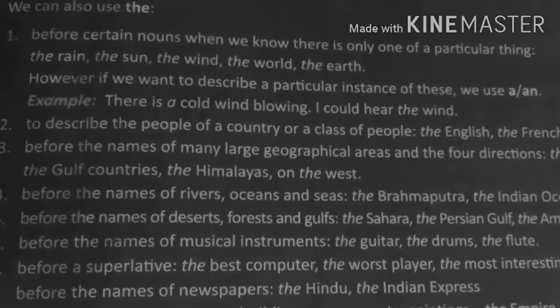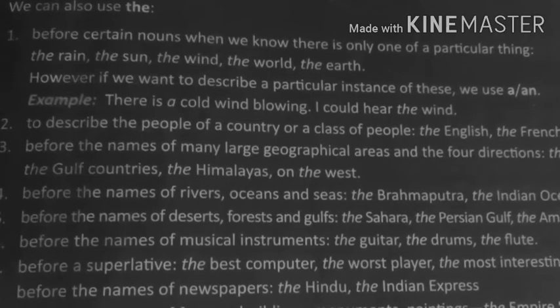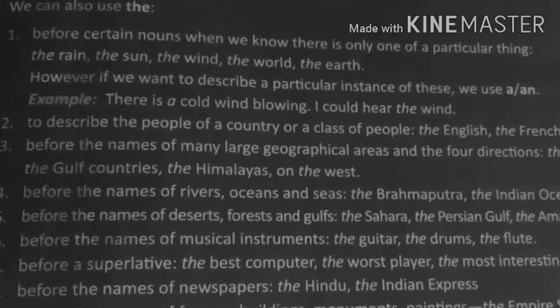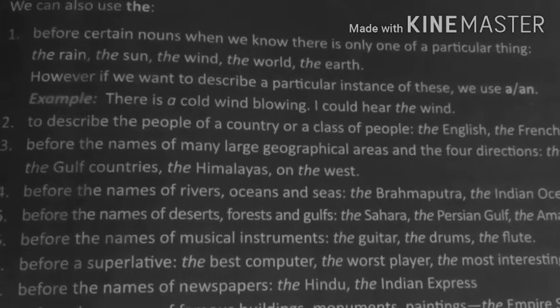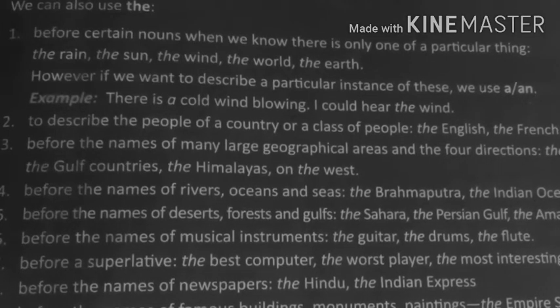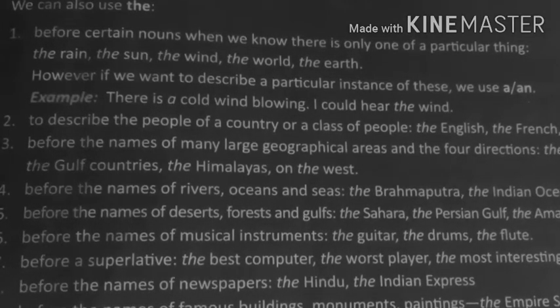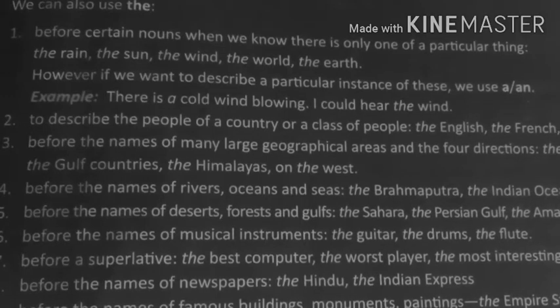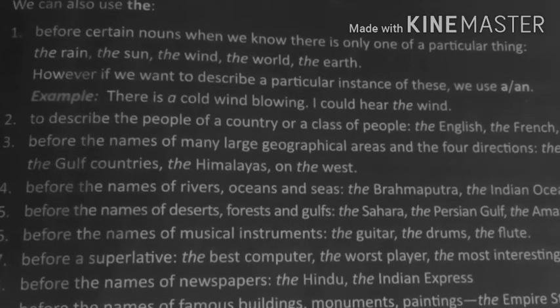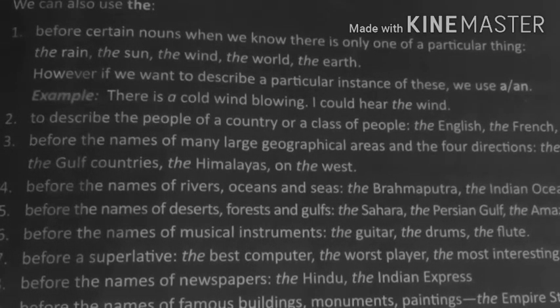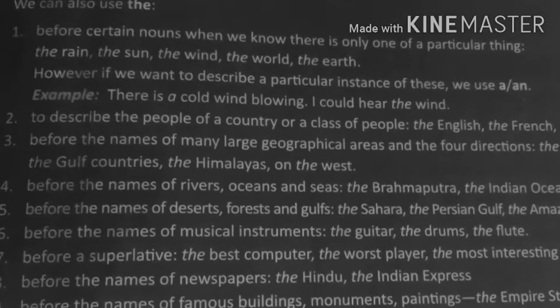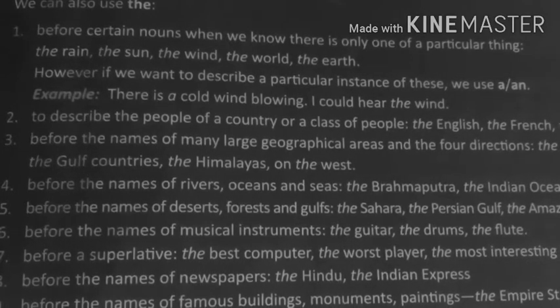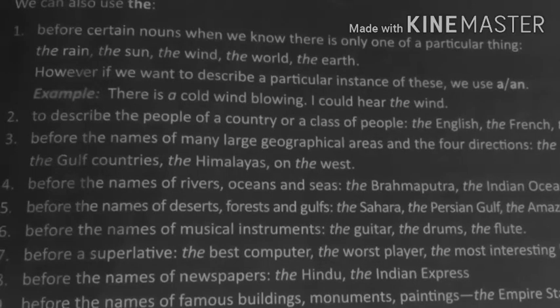Okay? However, if you want to describe a particular instance of these, we use a or an. Like, there is a cold wind blowing, or I could hear the wind. Sometimes we use the to describe the people of a country or some class of people, like the English, the French, the rich.